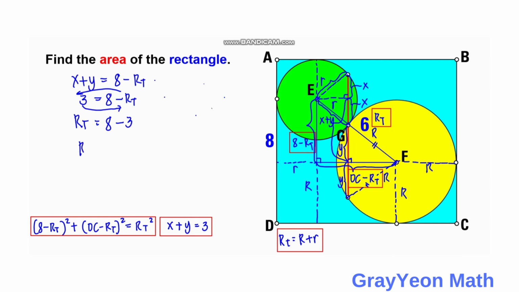So r sub t is equal to 5. And 8 minus r sub t is equal to x plus y, which is 3. So this shorter leg is already 3, and this r sub t is equal to 5.